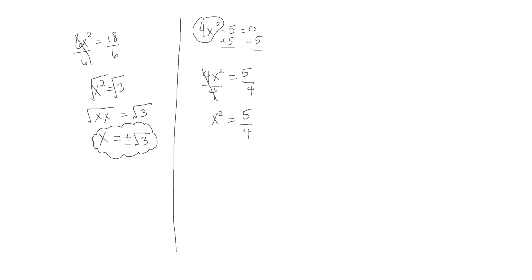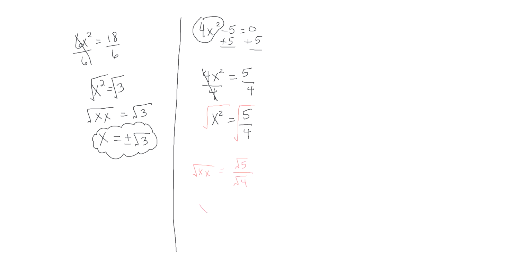I'm going to square root both sides, even though he's a fraction. And remember that rule that said the square root of a fraction equals the square root of the top over the square root of the bottom.